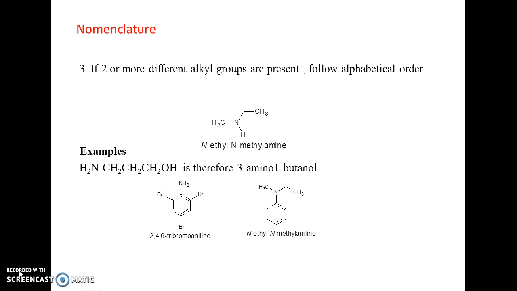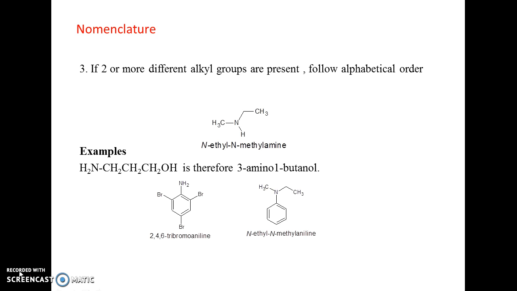Next, if two or more different alkyl groups are present, we have to follow alphabetical order. Here we have taken another secondary amine. The two different substitutions are methyl and ethyl. Following alphabetical order, it is called N-ethyl, N-methyl amine. Next, coming to a few other examples, we can take the alkyl chain as the basic chain, and two different functional groups are present, the amino group and the alcohol functional group, and we simply name it 3-amino-1-butanol.